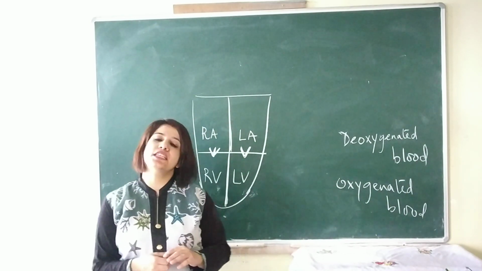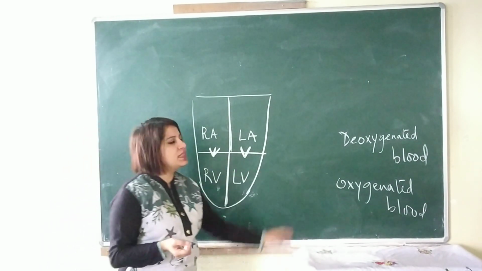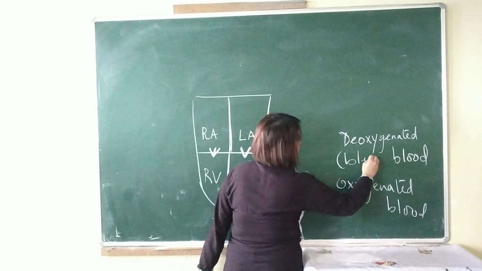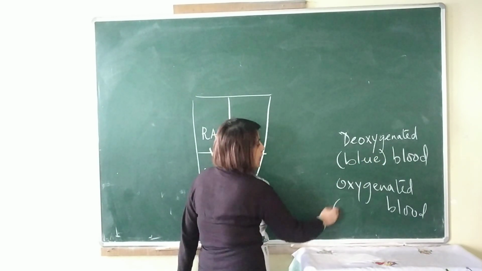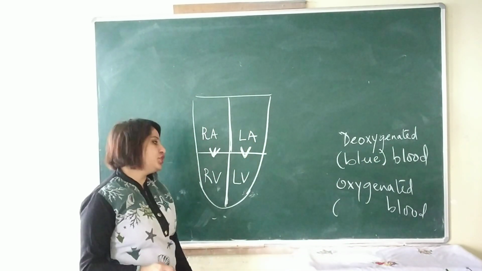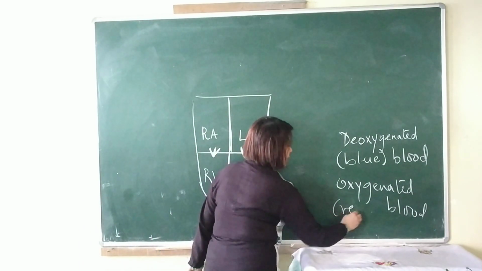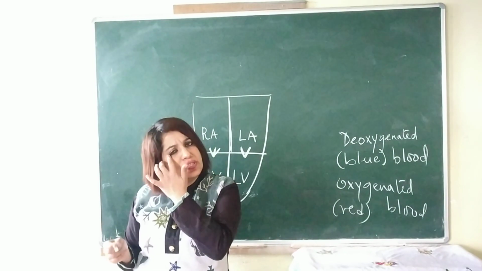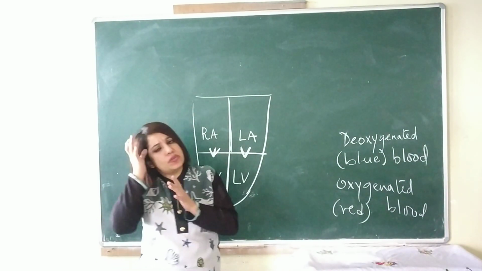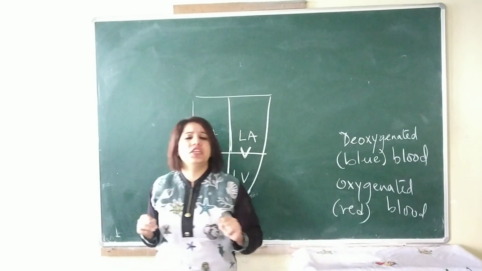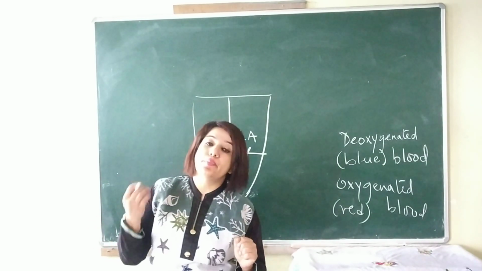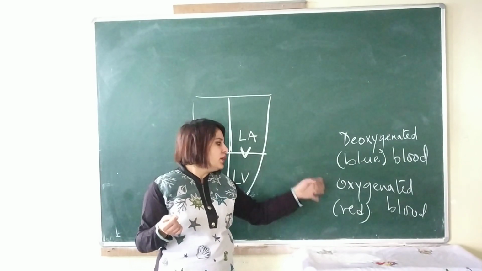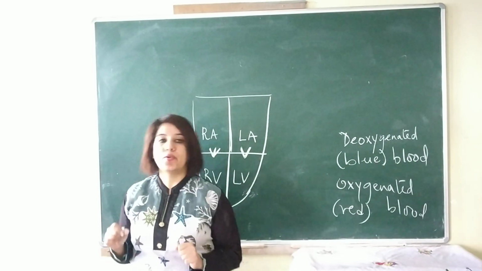In your textbook, you will see that deoxygenated blood is denoted by the color blue, and oxygenated blood by the color red. Of course, our blood is not blue and red, but just to show the difference between deoxygenated and oxygenated blood, in print or in diagrams we use blue for deoxygenated blood and red for oxygenated blood.